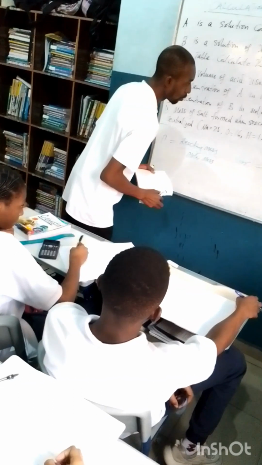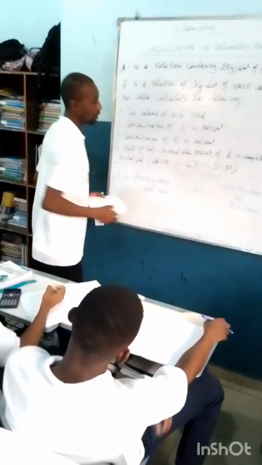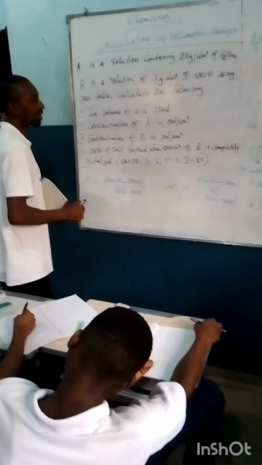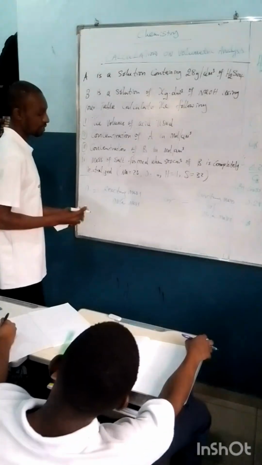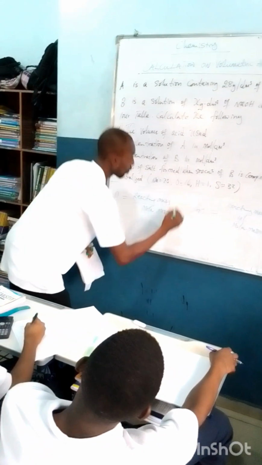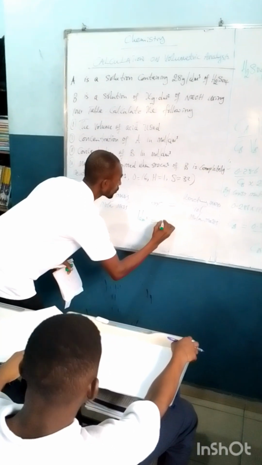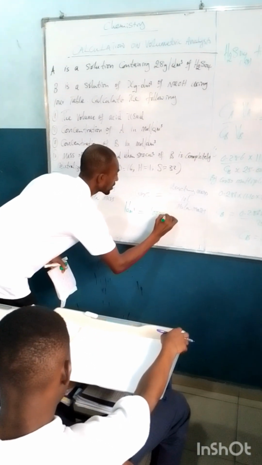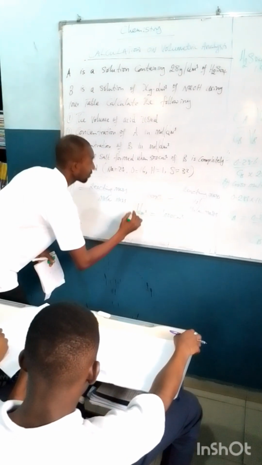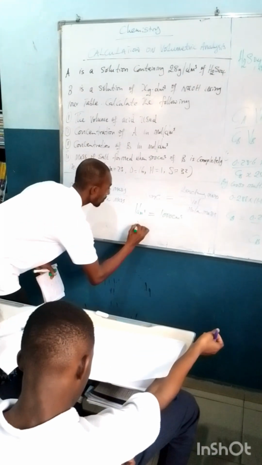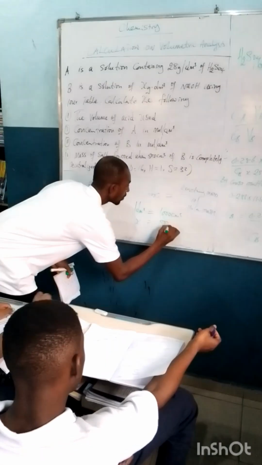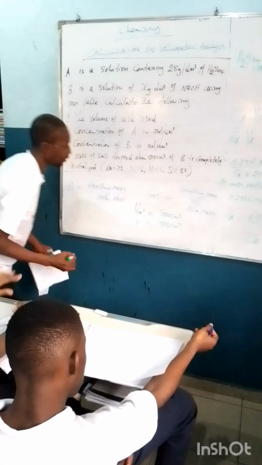So what I'm going to do now is convert this to dm cube, because everything we are doing in volumetric analysis is in dm cube. So if 1 dm cube is equal to 1000 centimeter cube, then how many dm cube will give us 500 centimeter cube?